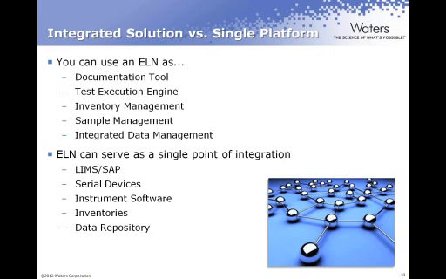And when you have to implement only a single platform, the implementation is of course much easier. But whatever you choose, your system should be highly integrable into the existing IT, but of course also into the lab environment.